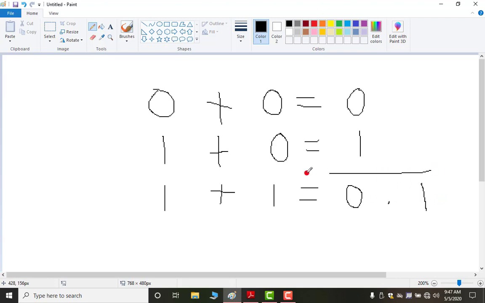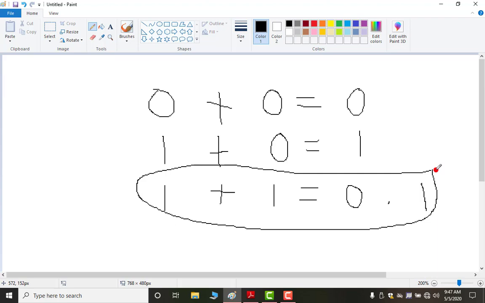This is the important thing that you must keep in your mind while doing the addition. If you add 1 plus 1, you will get the answer 0 and carry 1. So these are the three main points, or you can say rules, you have to keep in mind while doing the binary addition.